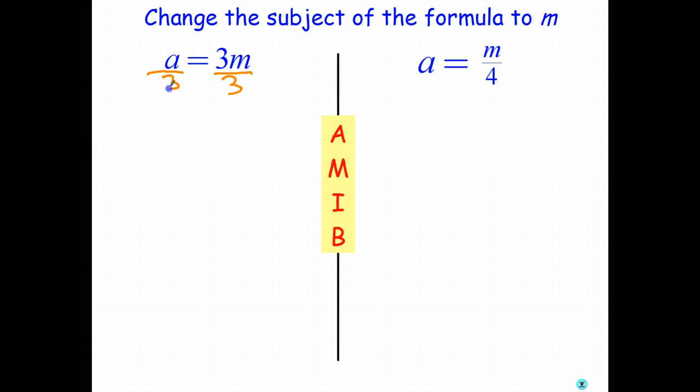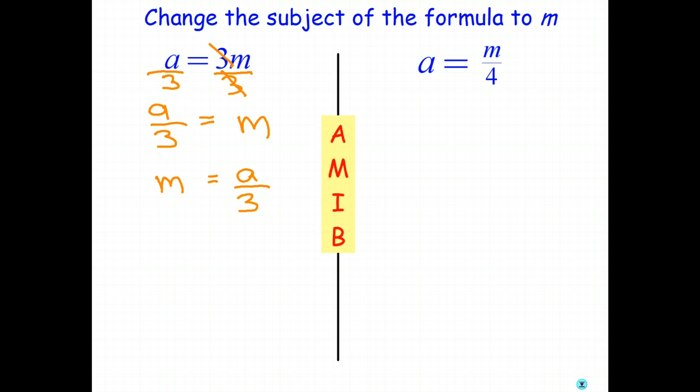And in algebra, we usually show dividing using the fraction bar. The 3's divide out or cancel out. That leaves m on the right and a over 3 on the left. And swapping sides, m equals a over 3.